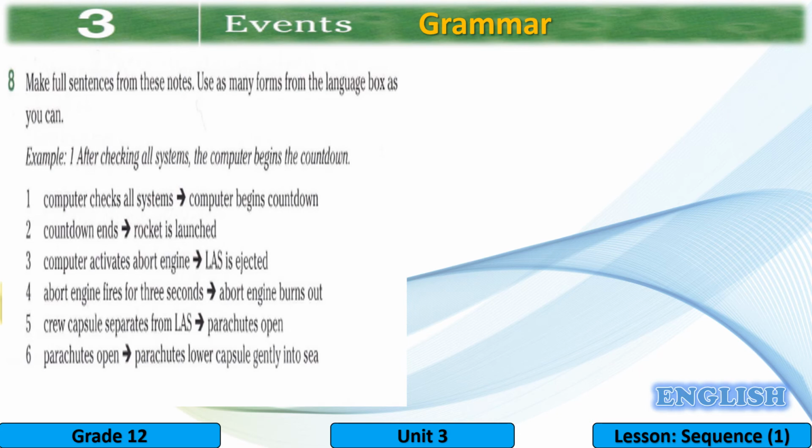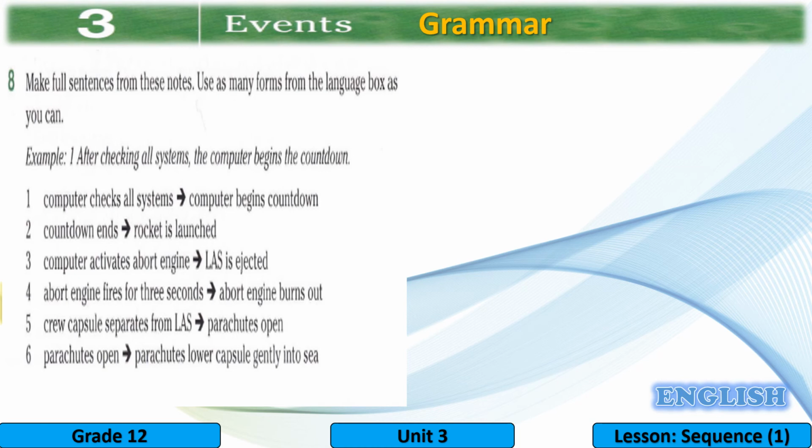What we notice here is that the two clauses share the same subject, computer. So we can follow the second form that we have just finished studying. So the sentence becomes, after checking all systems, the computer begins the countdown.